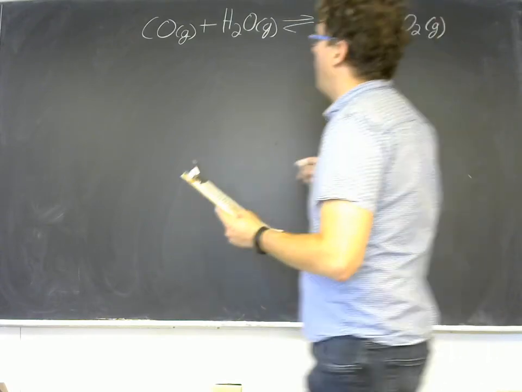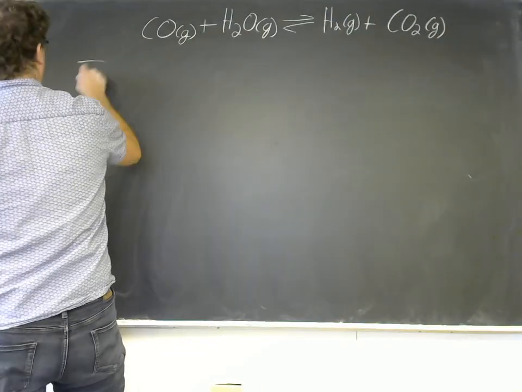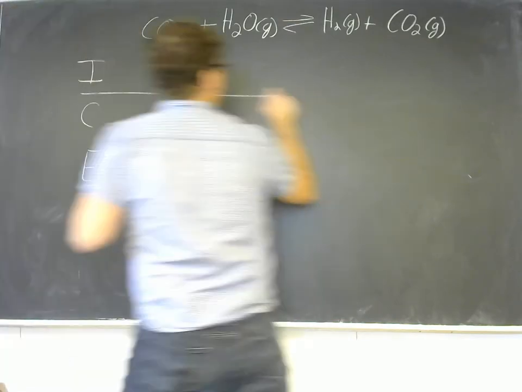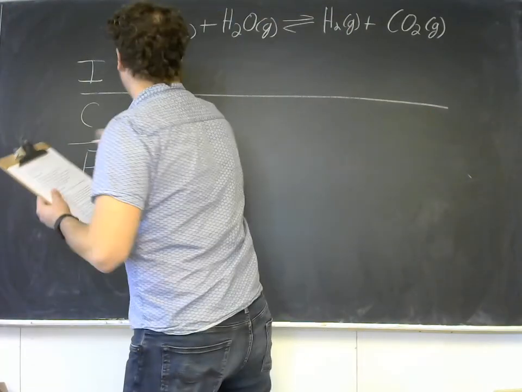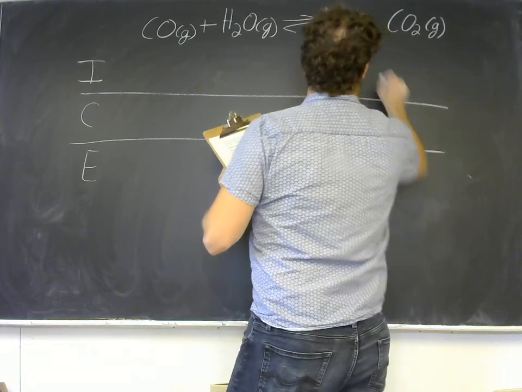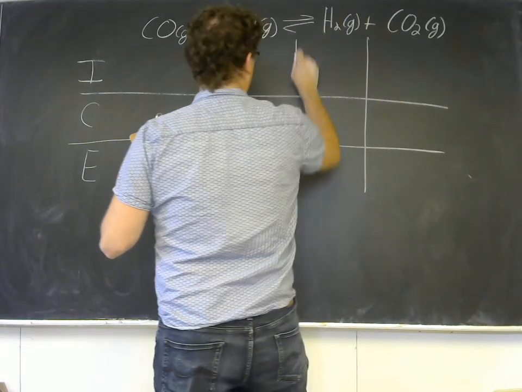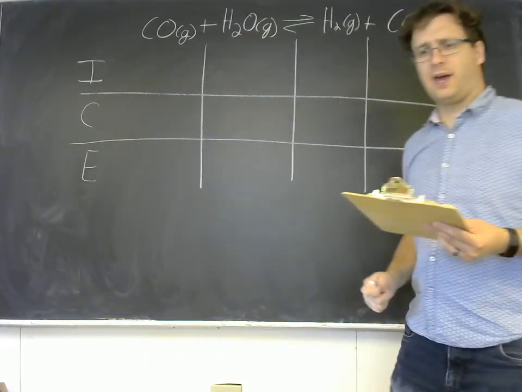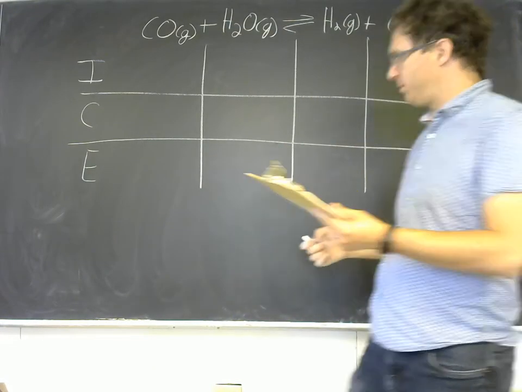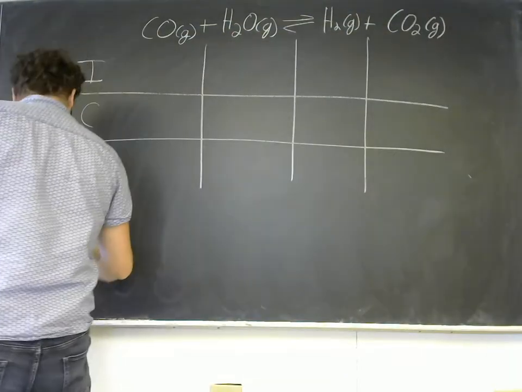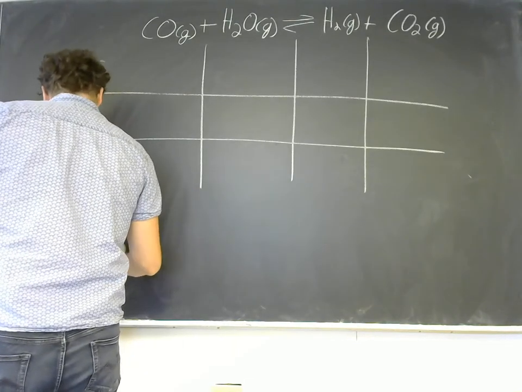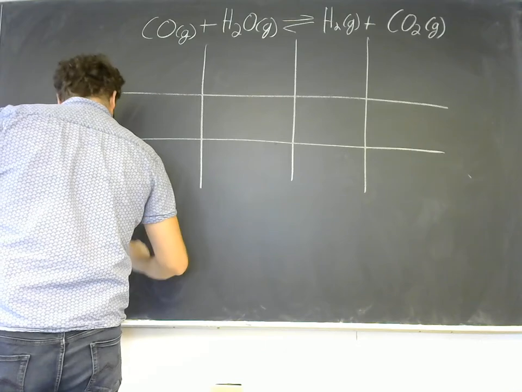And we'll go ahead and make our ICE table. And we can write down the equilibrium expression down here. We have a value for Kc that is equal to 5.80.